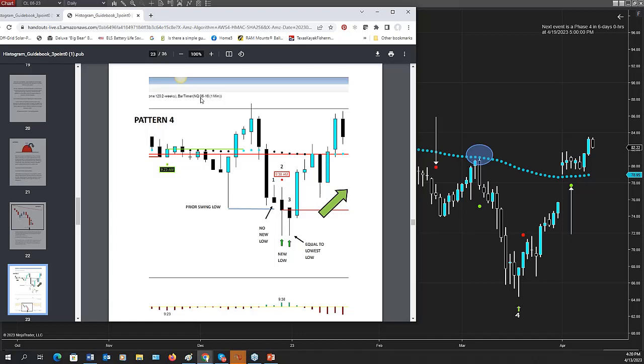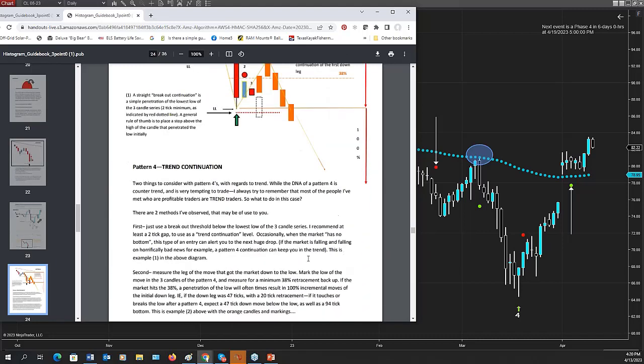But until we know what the definitions are, we're kind of in the dark as to the translation. Well, in this case, selling pressure signal at a lower low equals reverse polarity, or pattern 4. And that's pretty helpful because it gives us some insight as to what to expect at those times.